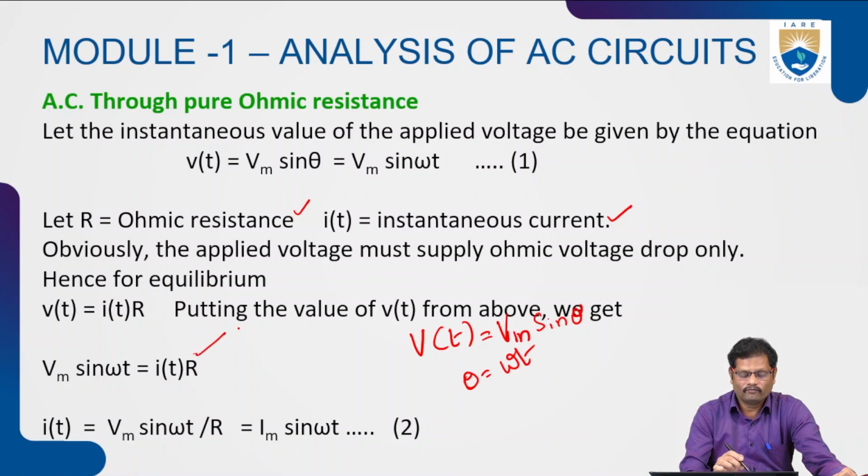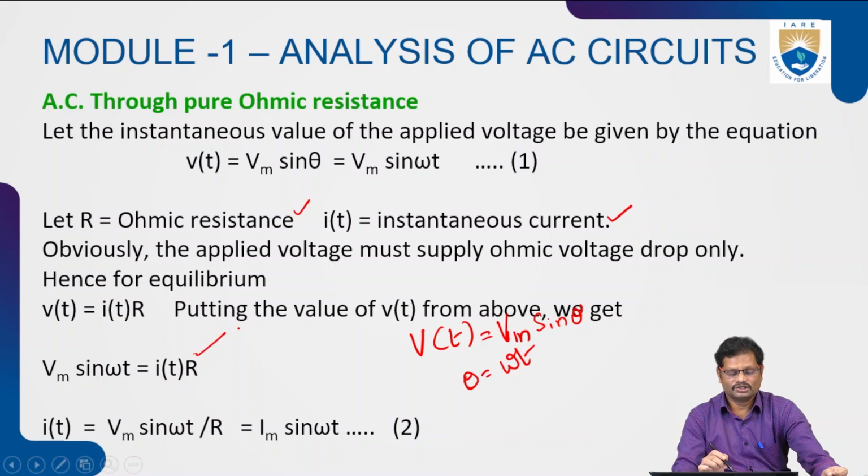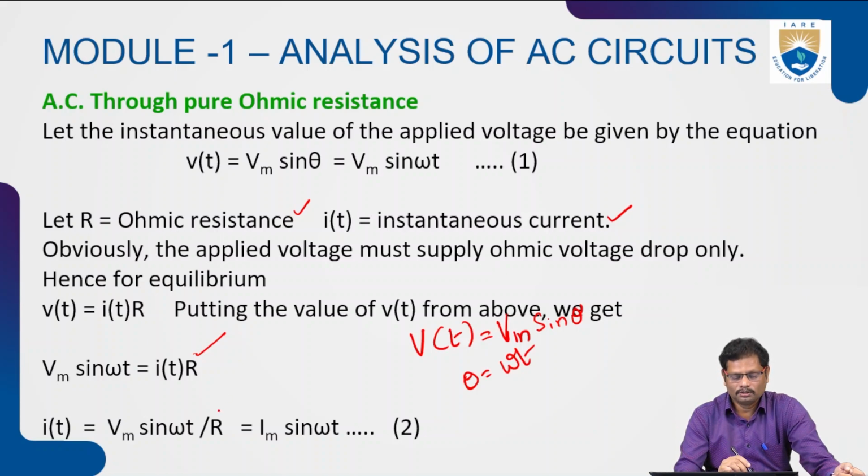Replacing Vm sin omega t here, and I of t into R. But according to Ohm's law, the current I of t is nothing but Vm sin omega t by R, I equals V by R. Here in the AC circuit, I is I of t and V is V of t, the instantaneous values.